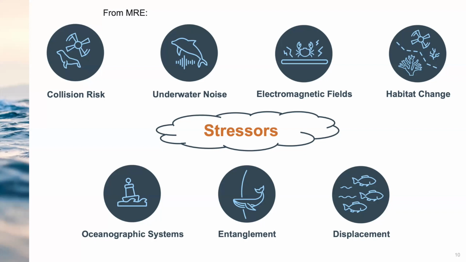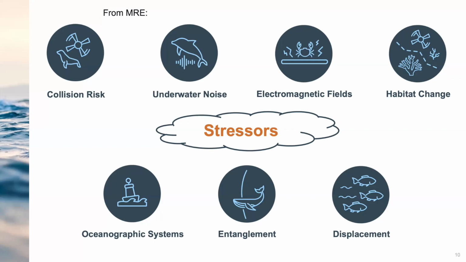Over the last 10 years, we've honed these stressors from marine renewable devices down to 7. Risk of collision from running into a turbine blade, risk of underwater noise to animals, risk from electromagnetic fields from cables, changes in habitats due to the operation, changes in oceanographic systems, potential for entanglement or entrapment of animals with mooring lines.